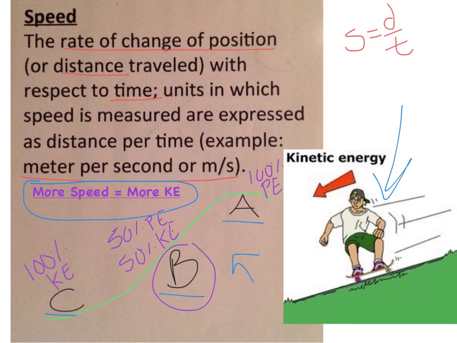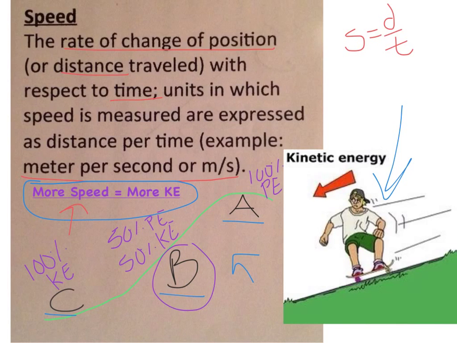Great job, great job. So, where do you think the skater would be going faster? Would the skater be faster at point B or point C? Okay, so if you don't remember, let's look at what we just wrote down. We wrote down here that more speed equals more kinetic energy.